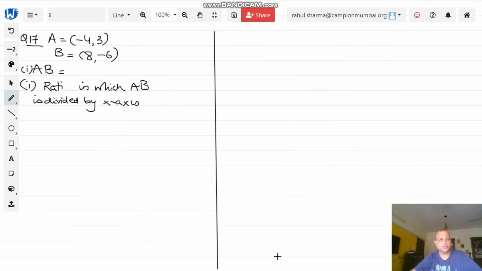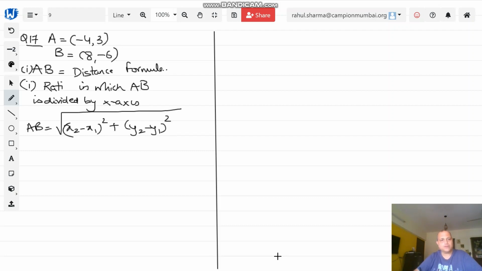Let's look at the question. Question 17 says A is equal to something, B is equal to something, find the length of AB. So we've done distance formula in grade 9. Let's apply the distance formula to get the length of AB. So AB will be equal to the square root of (x2 minus x1) whole square plus (y2 minus y1) whole square.